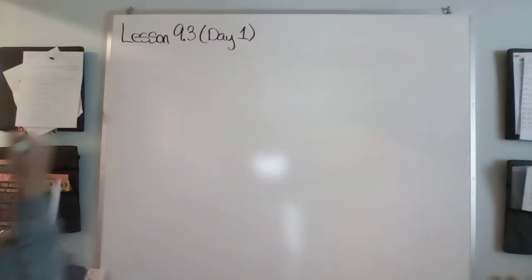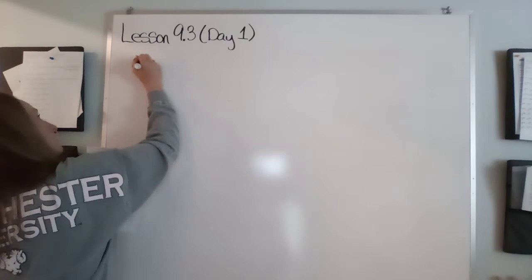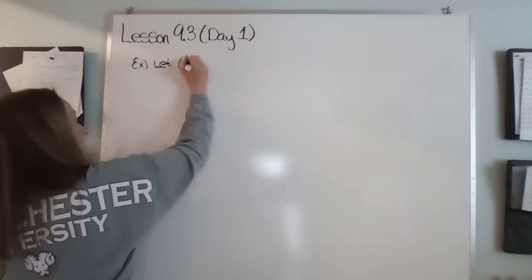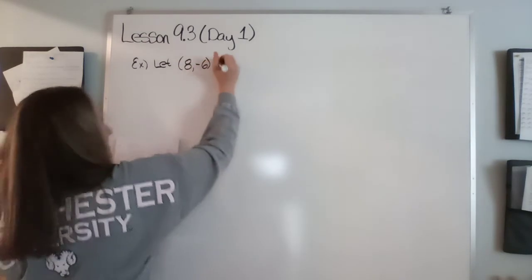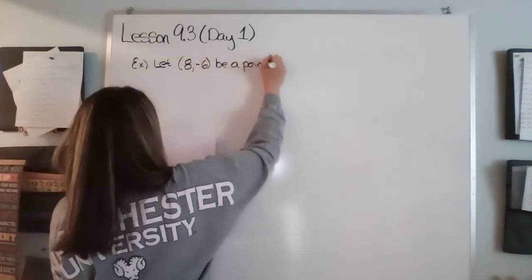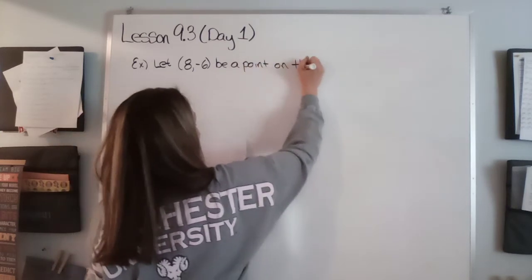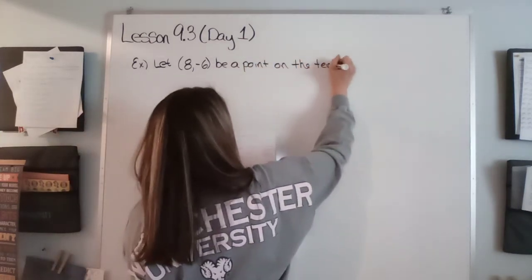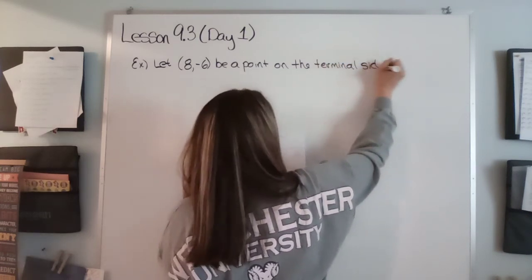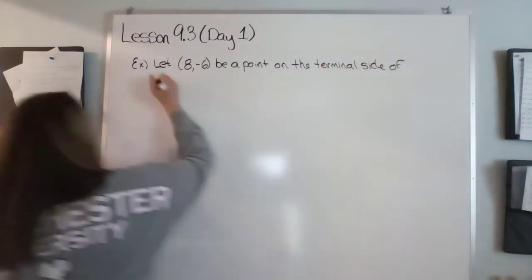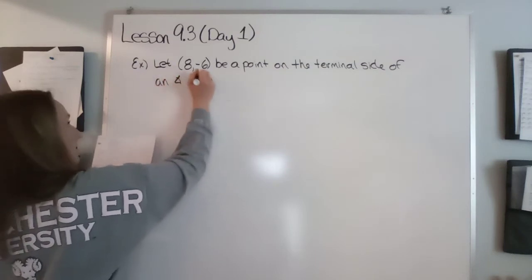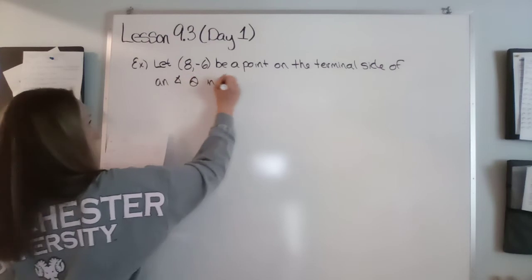So our first example says, let (8, -6) be a point on the terminal side of an angle theta in standard position.